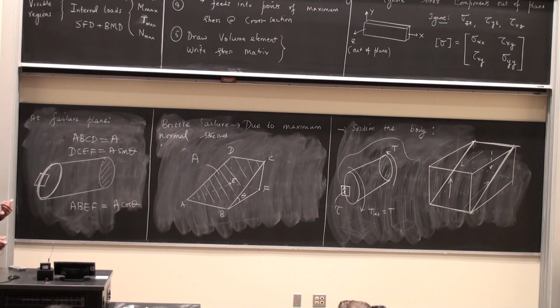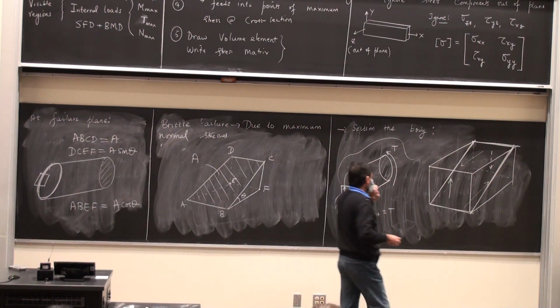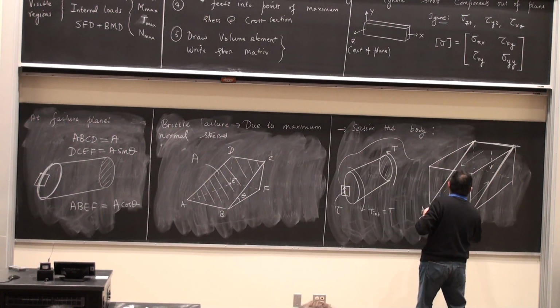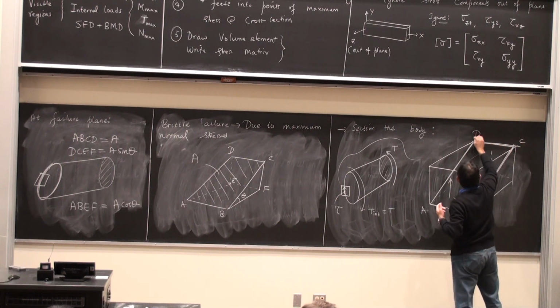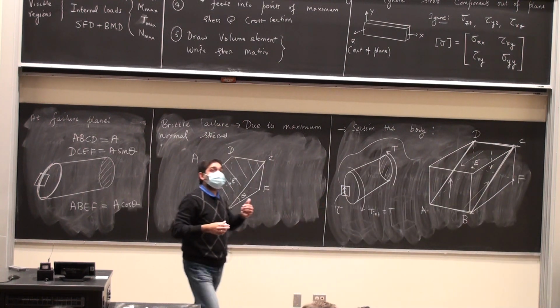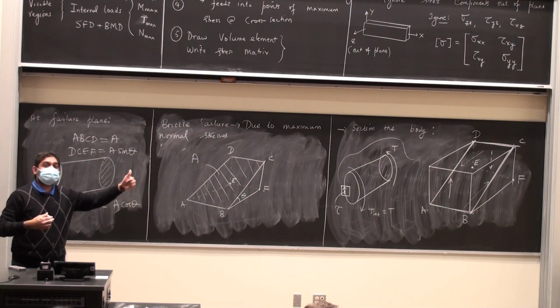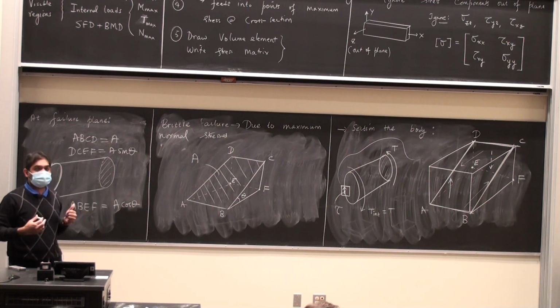But mind you, as I am slicing through on this face EFCD, let's label it here too. So this is A, B, C, D, E, F. On that face DC, E, F, there is a shear stress which is acting vertically down. If I multiply it by the area, it becomes a shear force.